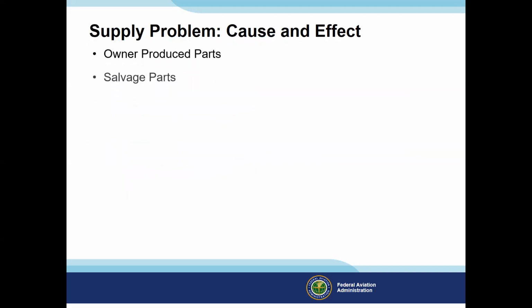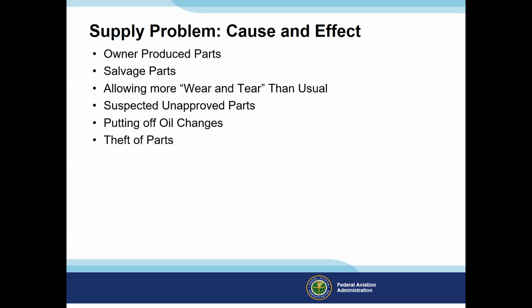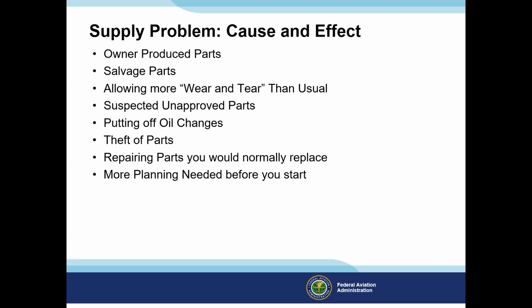So let's look at some of the cause and effect of the supply problems that we're seeing. It may cause owners to produce more parts. It may require use of salvage parts. Instead of buying a new part, maybe you can find a used part.